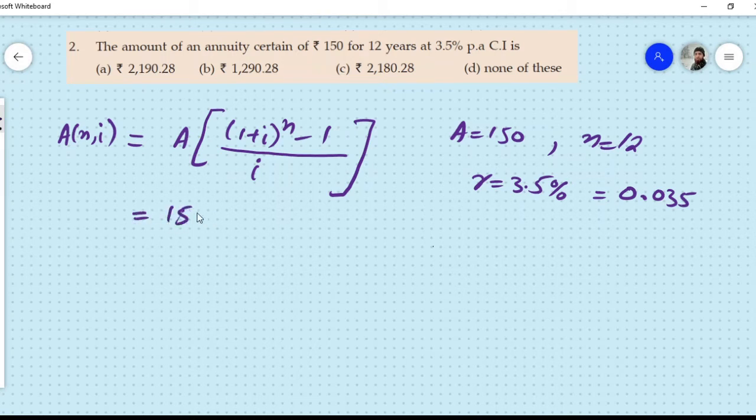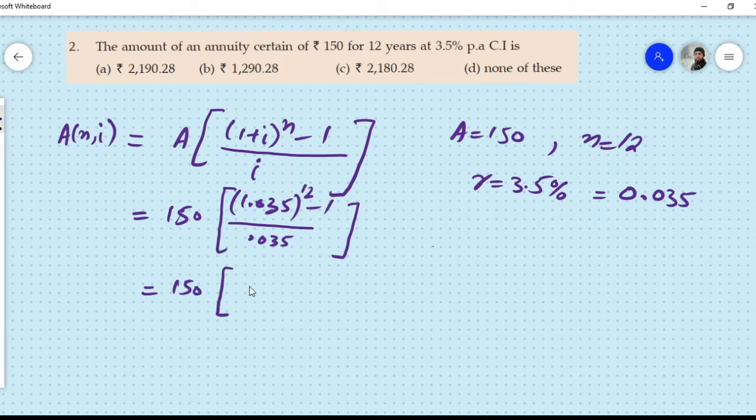A is 150, 1 plus I is 1.035 power 12 minus 1 divided by 0.035, which is equal to 150 into, 1.035 power 12 is 1.5110608657, then it is subtracted by 1 and divided by 0.035.